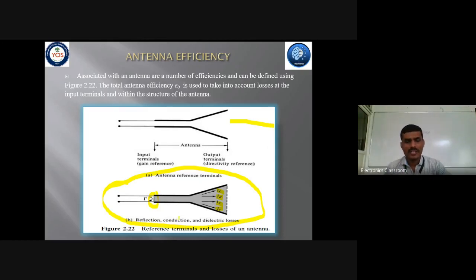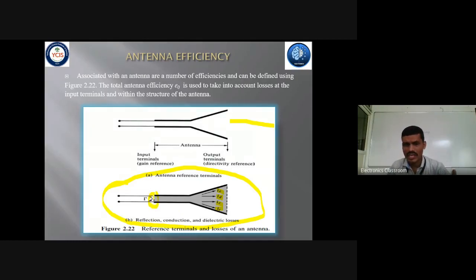If there is some mismatch, if there is no proper matching of the impedance at the connection point of the transmission line and antenna, at that time there are some reflections, and these reflections are due to the mismatch of the transmission line and antenna, and there is the first loss.